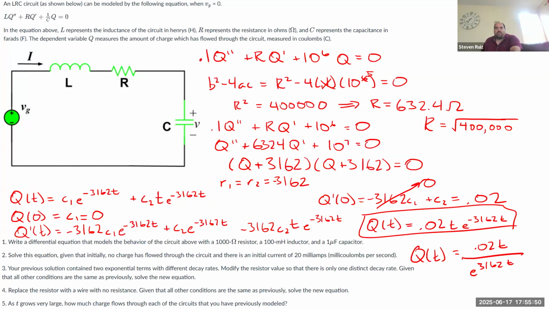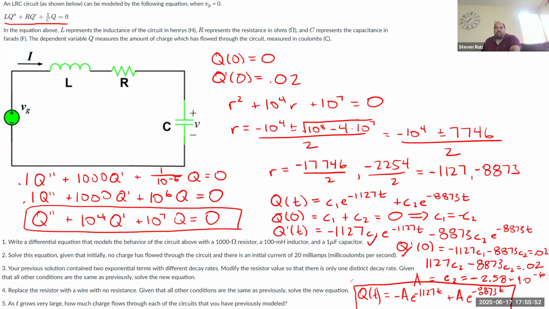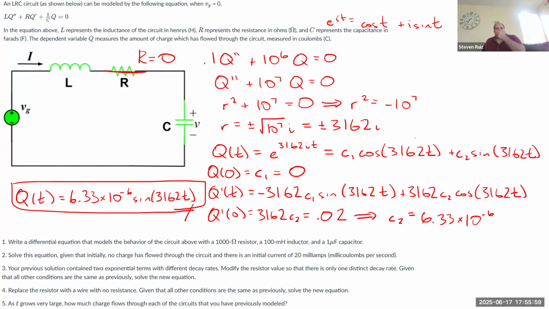So in these first two circuits that have decays, the charge is eventually going to settle out to zero. In this final circuit, this is a little bit idealized. This doesn't happen in real life. In real circuits, there's no way to eliminate all your resistance. You're always going to have some.